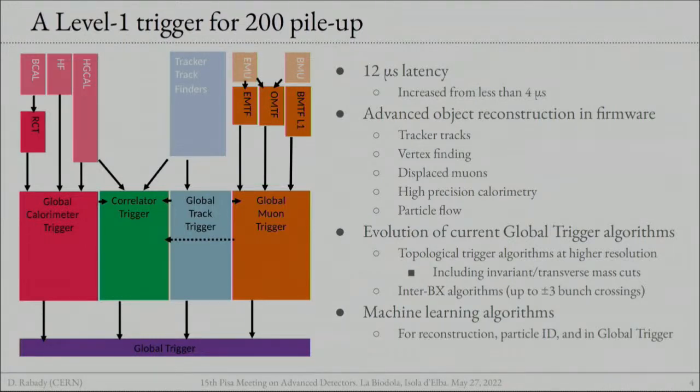And then we have a global layer that is responsible for certain particle types, as well as a correlator trigger that, for instance, does particle flow. And then we have the menu layer, which is implemented in the global trigger. So it progresses down the chain.